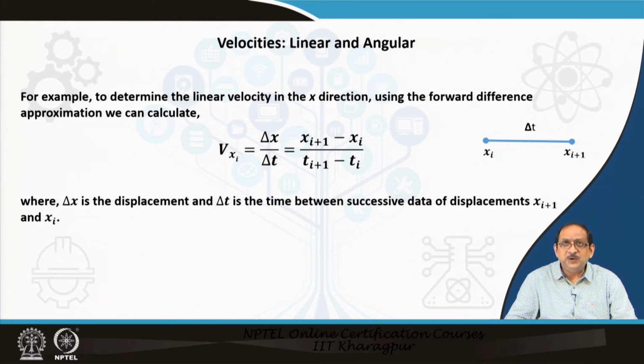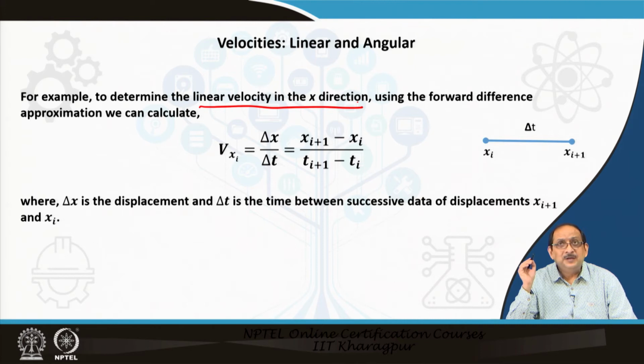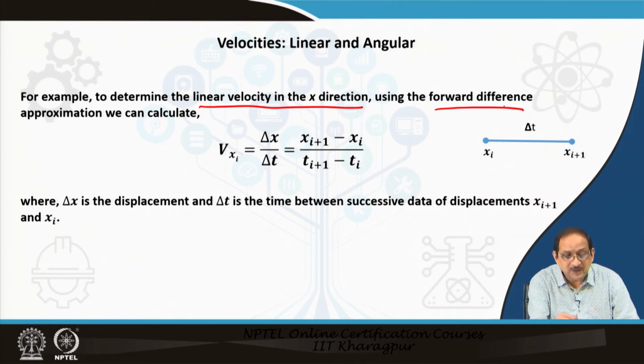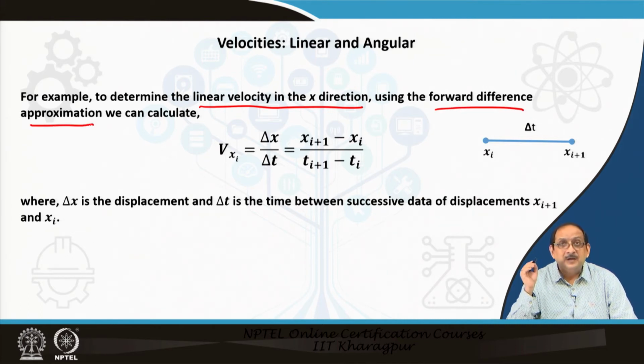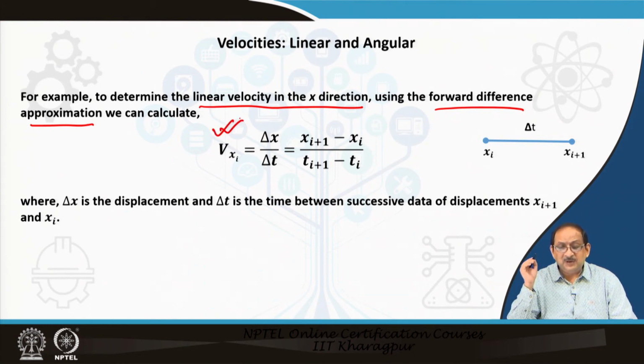Now, we continue with the method to calculate linear and angular velocities. So, we determine the linear velocity in the x direction using forward difference approximation, and the linear velocity along the x direction is given by the expression as indicated in the slide.